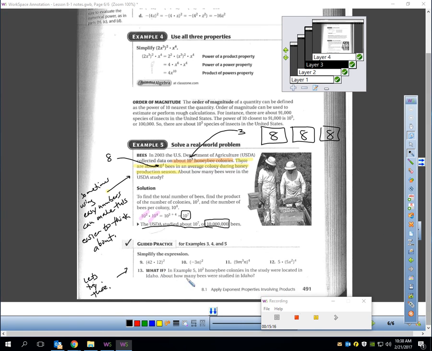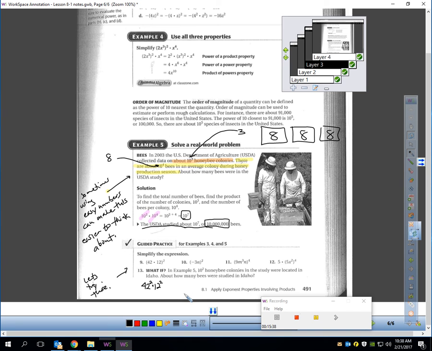Okay, let's try a few here. Let's simplify the expression. So here in number 9, you notice we have the power of a product. We must apply the second power to each factor. So number 9 would work out to 42 squared times 12 squared.